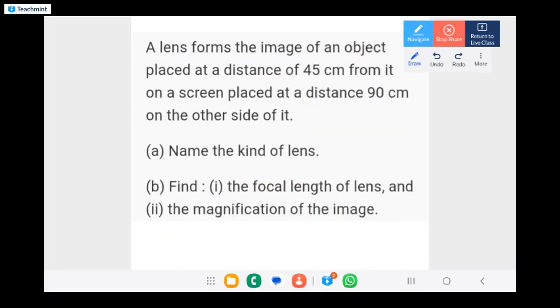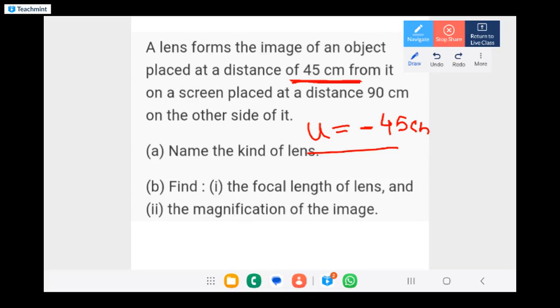But there is one good thing: every time you take a lens question, the u value is always going to be negative. If you do not mention this negative sign and put it in the formula, you're going to get incorrect values. So sign is very, very important when you do questions. So we have the u value as minus 45.